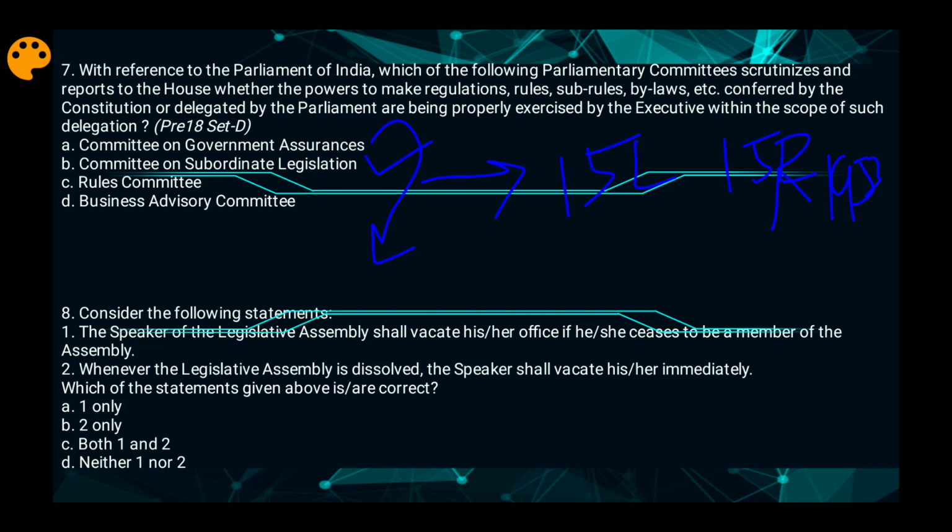So to check that, this committee exists, and the strength of this committee is 15 members from Lok Sabha and 10 members from Rajya Sabha, and it was also constituted in 1953.